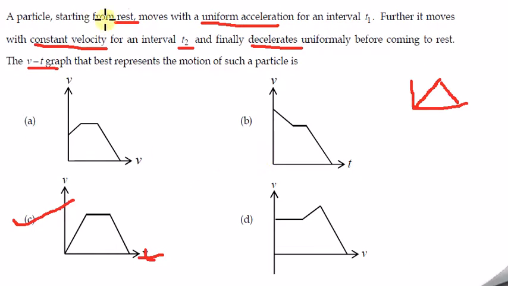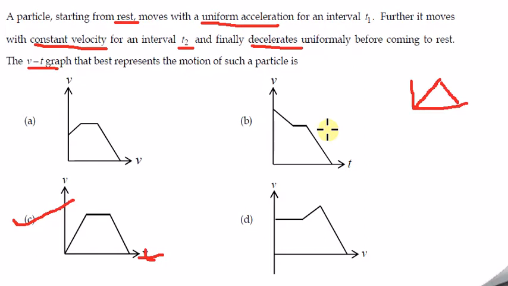Uniform acceleration is represented by a positive slope, deceleration by a negative slope, and constant velocity by a parallel line. This is uniform acceleration, this is constant velocity, this is deceleration. If you know this trick, then you can solve any question related to velocity, speed, acceleration, deceleration.